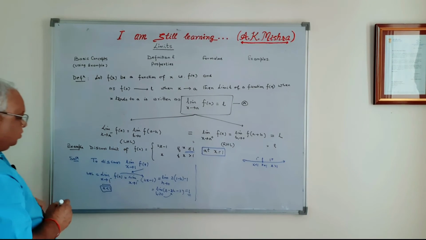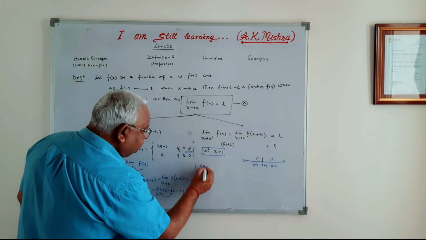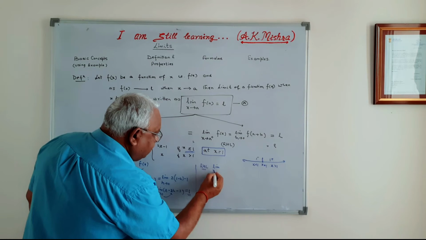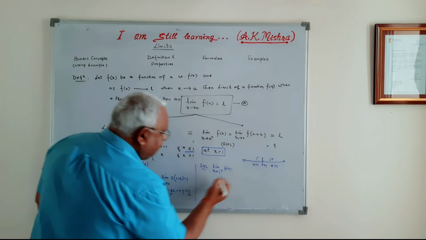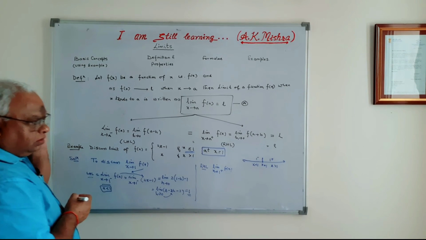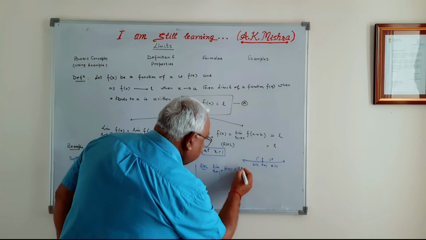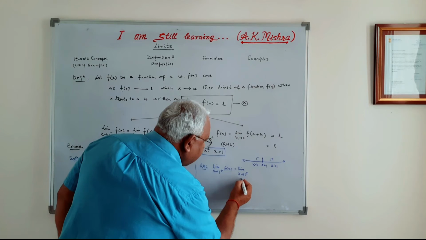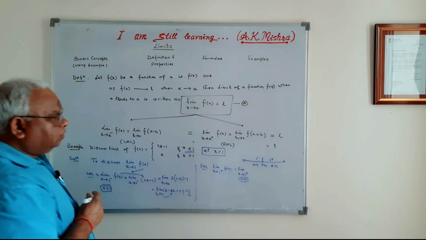Now let us talk about right hand limit. Similarly, we will talk about limit x tending to 1 plus f(x). 1 plus means when x is greater than 1, on the right hand side.